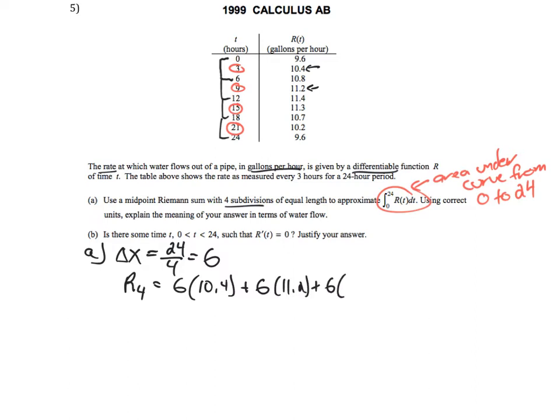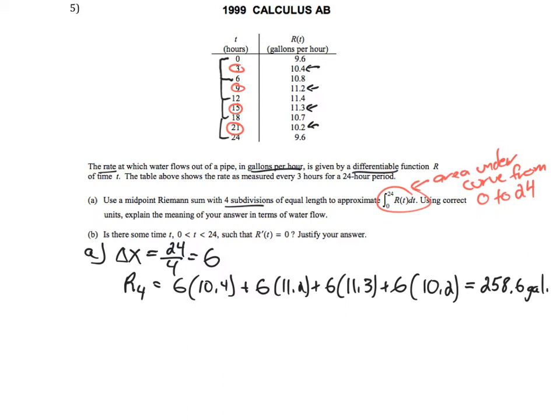The height at the midpoint of my third rectangle is 11.3, plus another width of 6, times the height of my last rectangle at 21, which is 10.2, which, when we add all this up, comes out to 258.6 gallons.